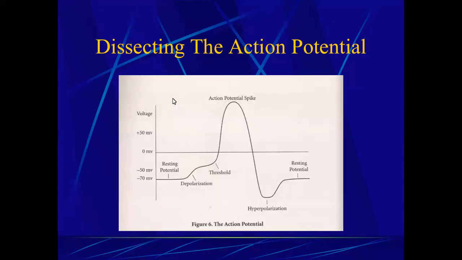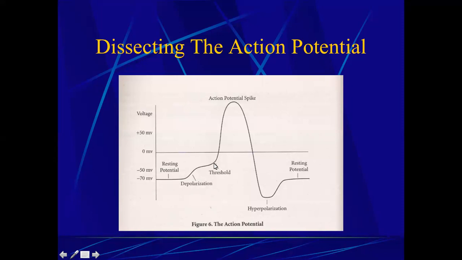So here is another visual depiction of an action potential. As I said, your first phase is resting potential. So we're at negative 70 millivolts. Then we have depolarization and our threshold. This point here is what happens when sodium enters the cell.